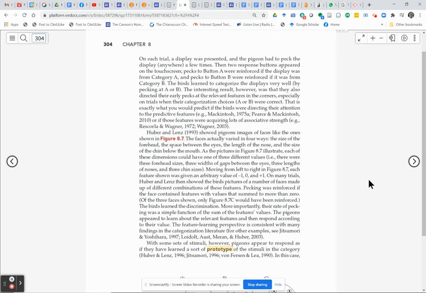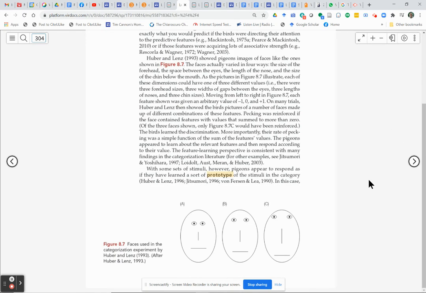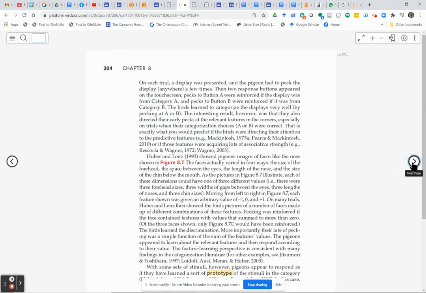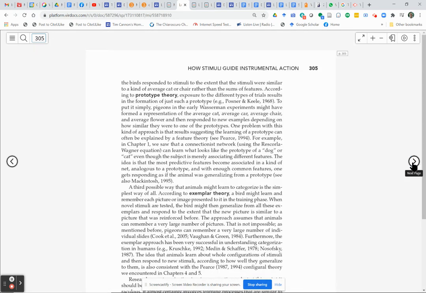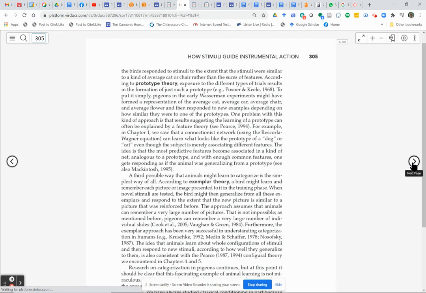And prototypes is another way you can solve things. And there's a cute piece of research. You can't manipulate Margaret, but you can have these stick drawings of faces and manipulate different features independently to figure out what the animal's looking at.